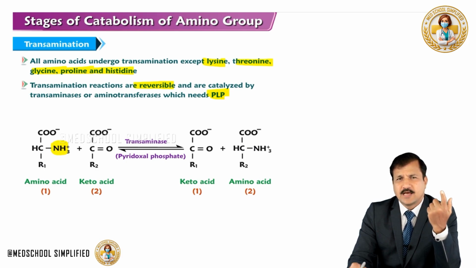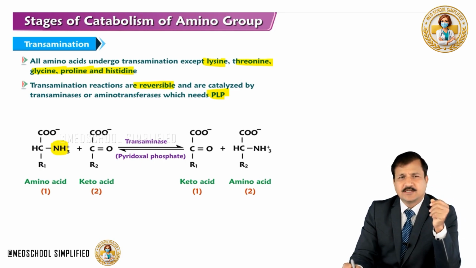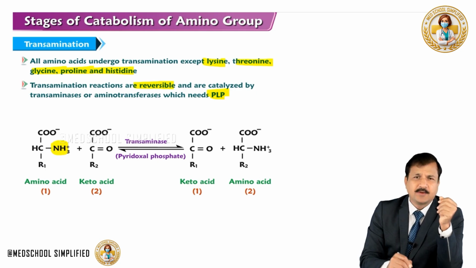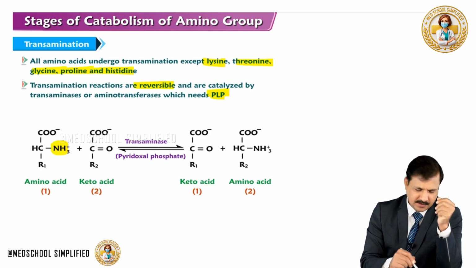So the amino acid is going to act as an amino group donor and alpha keto acid is going to act as an amino group acceptor. That means you should have both. So in the transamination reaction, an amino group donor is always an amino acid and the amino group acceptor is always a keto acid.